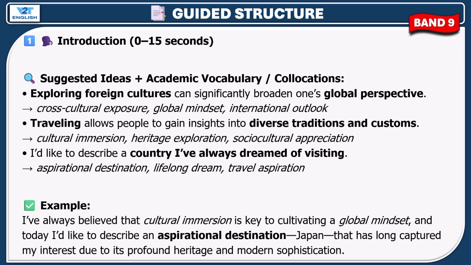Traveling allows people to gain insights into diverse traditions and customs. Cultural immersion, heritage exploration, socio-cultural appreciation. I'd like to describe a country I've always dreamed of visiting. Aspirational destination, lifelong dream, travel aspiration.